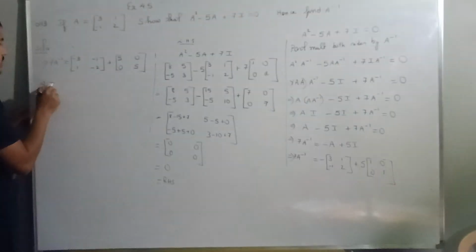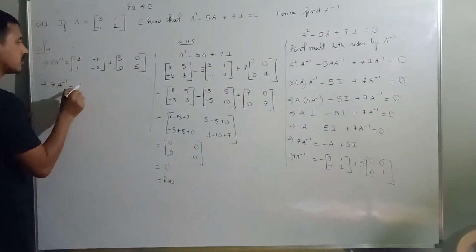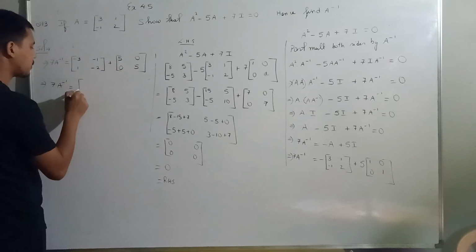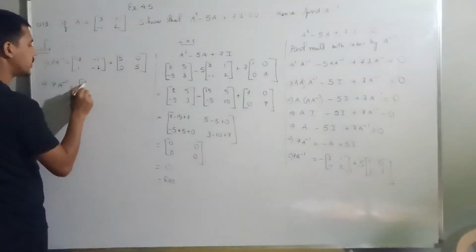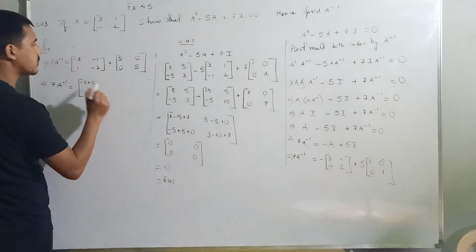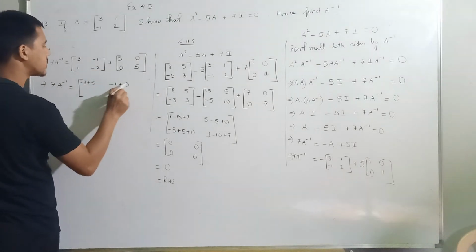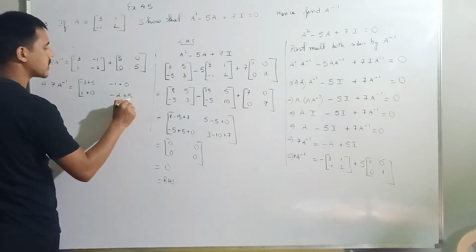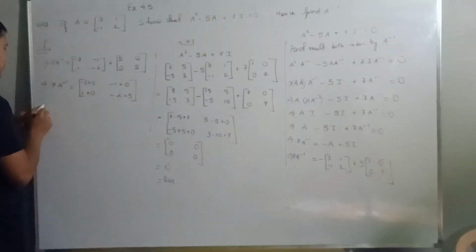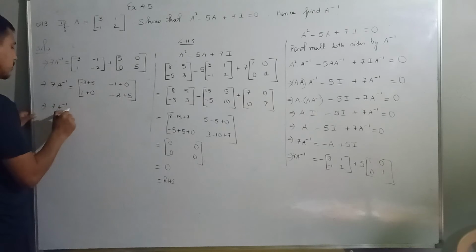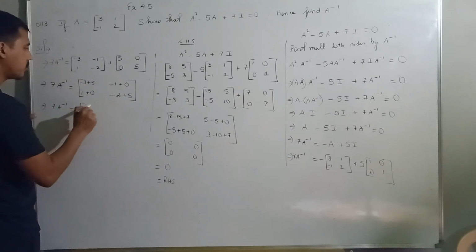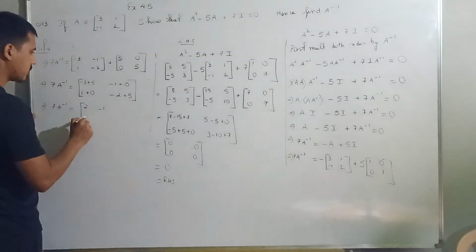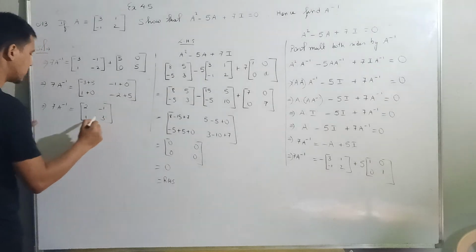Then your 7A inverse will be equal to adding two matrices, and all its corresponding elements should be added. Minus 3 plus 5, minus 1 plus 0, 1 plus 0, and minus 2 plus 5. So your 7A inverse will be equal to 2, minus 1, 1 and 3.